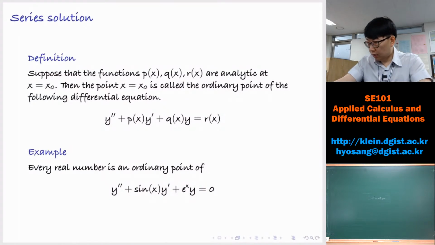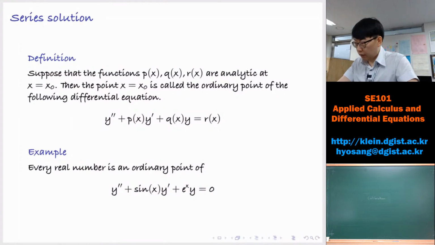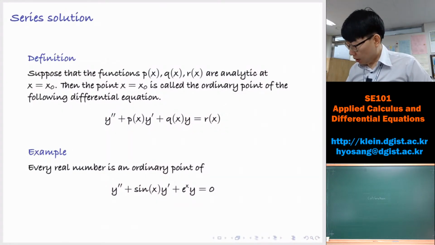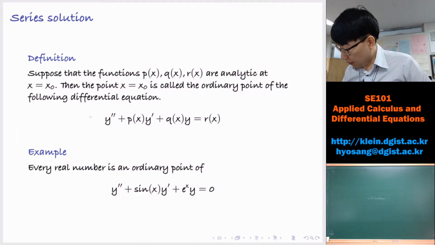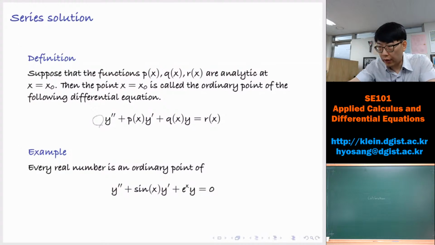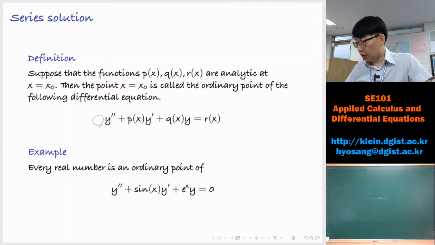So when you investigate an ordinary point of a second order differential equation, you need to set the coefficient of the highest order term to be 1. If you have something other than 1 on the coefficient, then you have to divide each side so that it has this form.